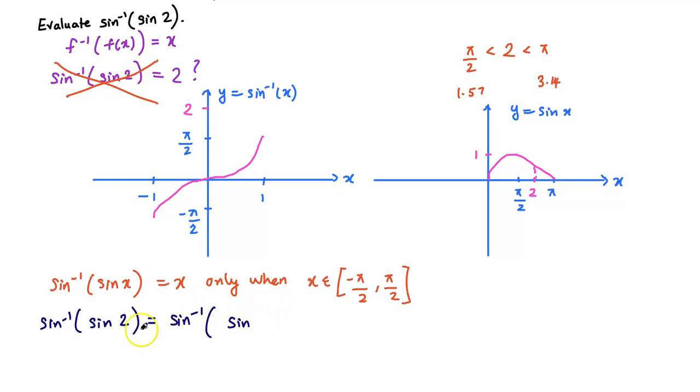So sine 2 is also sine of pi minus 2. Now pi is 3.14, so pi minus 2 would be 1.14, and so that lies in this range, because pi by 2 is 1.57.